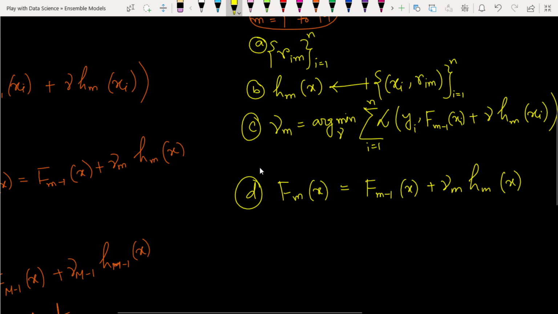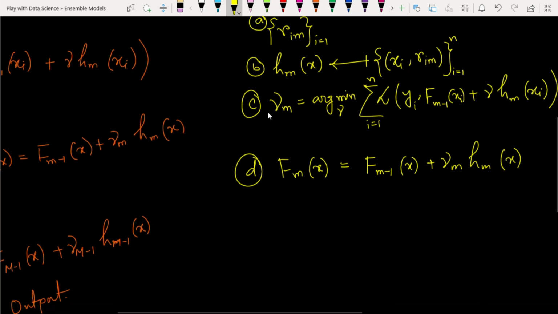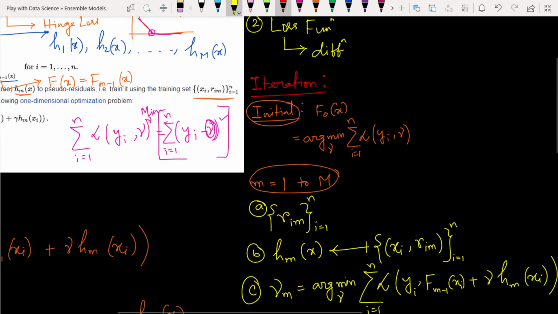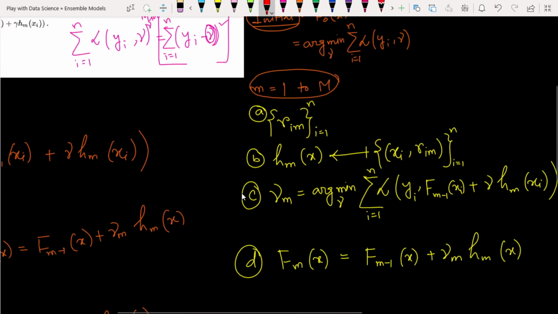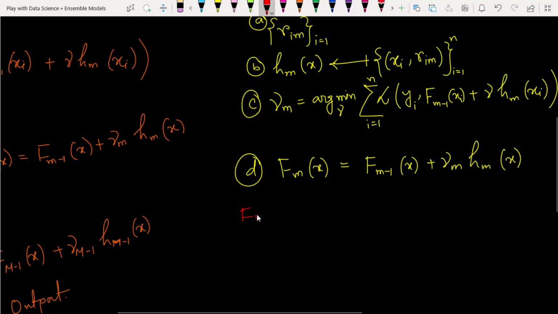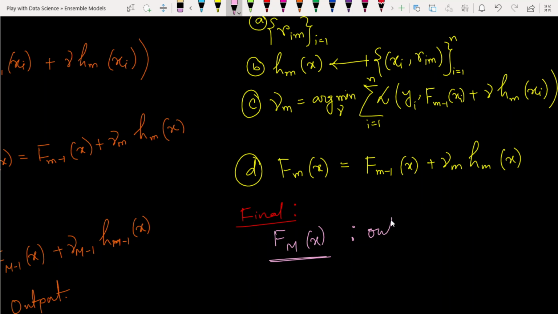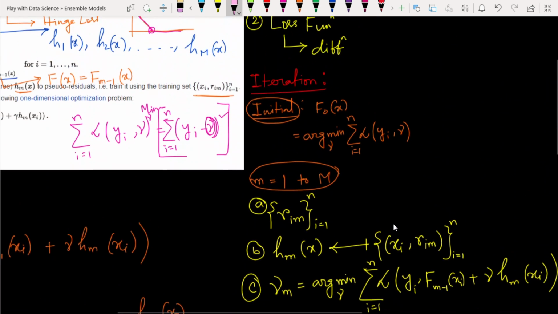After completing the full iterations, at the final stage we have calculated this value f_M(x), and this will be our final output.